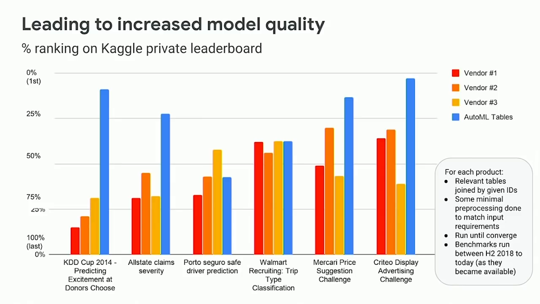And based on the benchmarks we've done, the results speak for themselves. There are a large number of vendors in this space, and we chose to benchmark against a subset of them with similar functionality. And we benchmarked on Kaggle competitions, which I love as a benchmark because they involve real data from real companies that are putting tens to hundreds of thousands of dollars of prize money on the line to find a good solution.